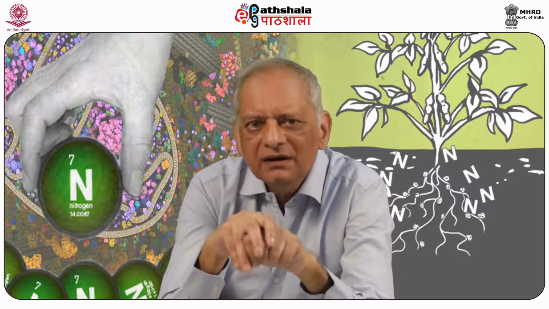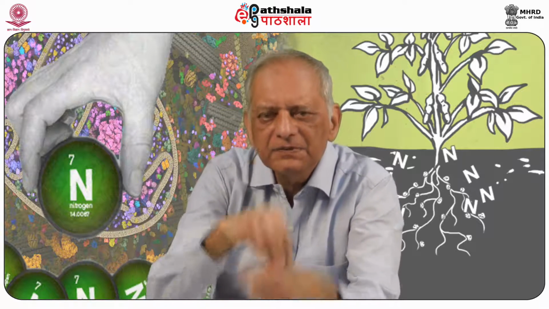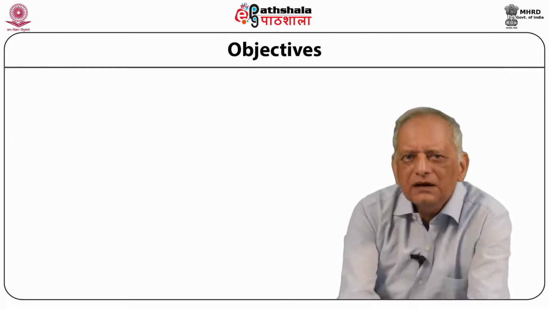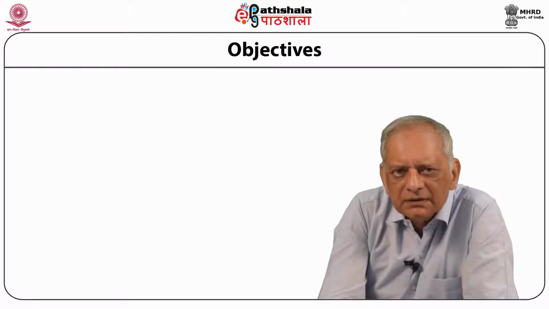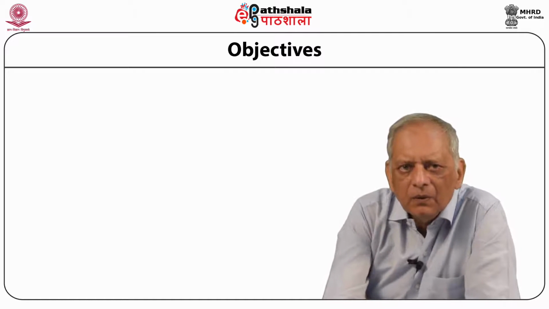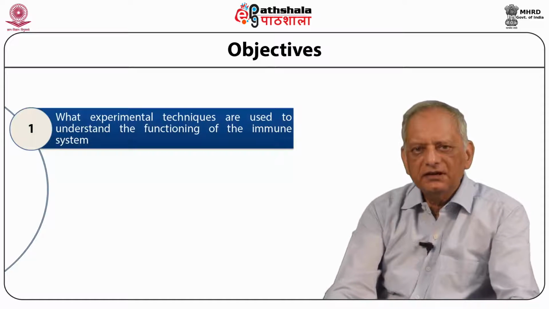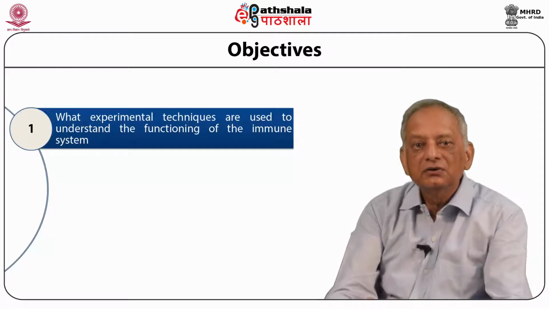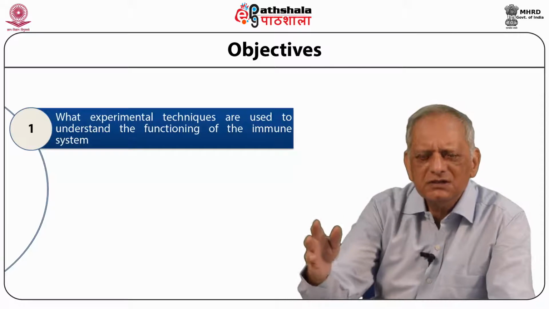In today's lecture, the first lecture, we will focus on techniques which are essentially based upon precipitation of the antigen with the antibody preparations. The objectives of today's module is to try to understand, number one, what a variety of experimental techniques which we can use on the bench to understand the overall functioning of the immune system.